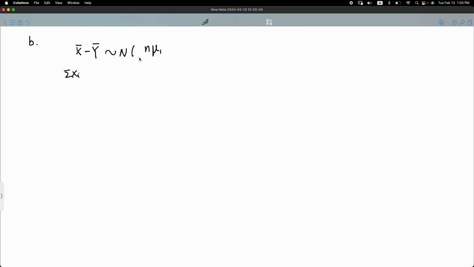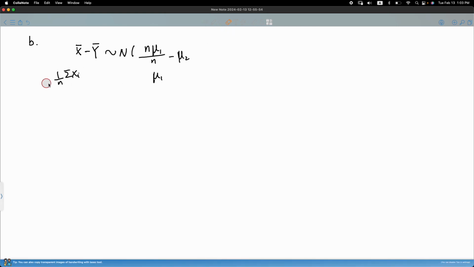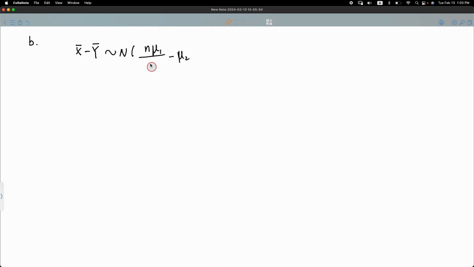So you have n mu1s, but you are also taking the average, which is the 1 over n. That's why you end up with mu1 here. And same thing, you have minus mu2. That is the underlying reason why the difference of the averages is also the difference of the two means. So that's mu1 minus mu2.